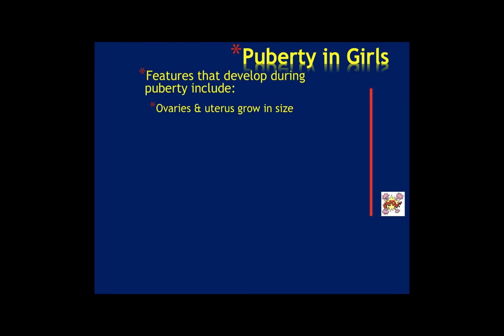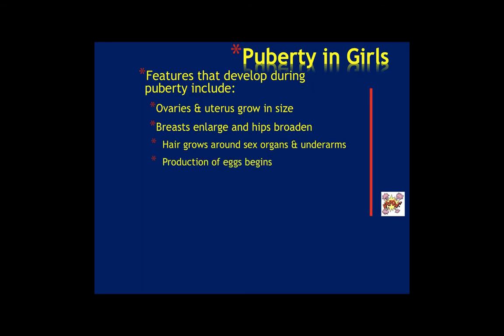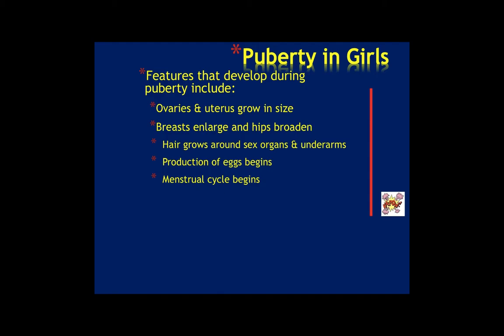So for females, the ovaries and uterus grow in size. That's not very apparent from the outside, but suddenly breasts will start to enlarge, hips broaden, you'll get hair again around your sex organs and under your arms. Egg production begins, your menstrual cycle will begin, and these would be the features of puberty.